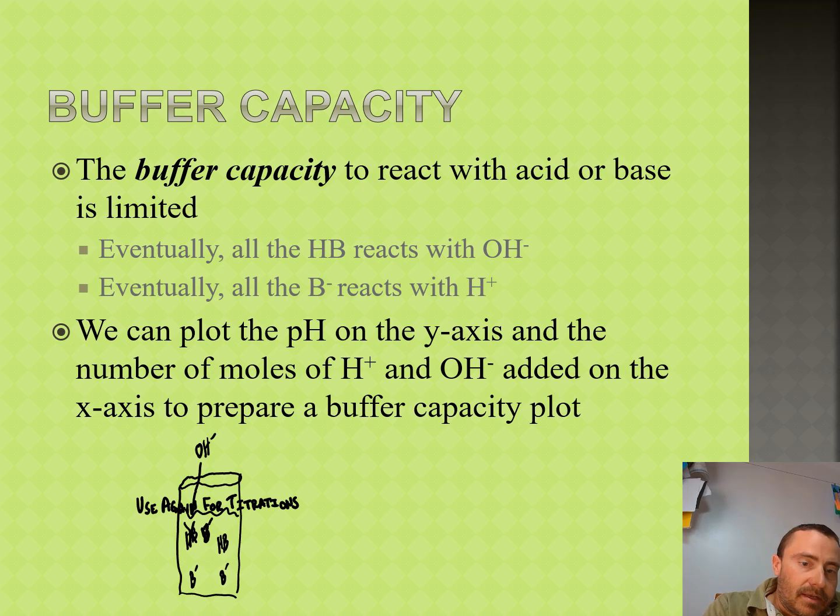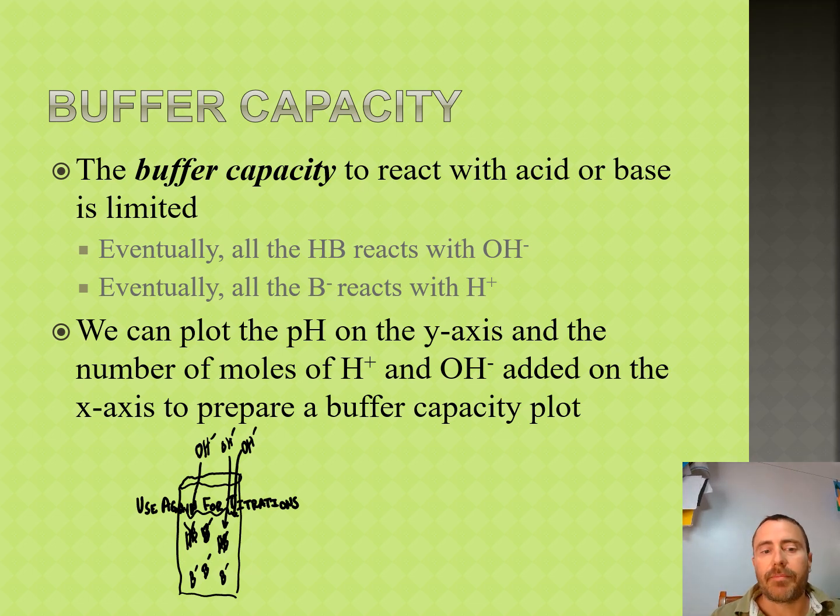And if I add in another strong base, it's going to react with the weak acid and turn it into the conjugate base. If I keep pouring in more hydroxide, now it doesn't have any more weak acids to react with. It has exhausted those weak acids, and so now I'm just dumping in strong bases.